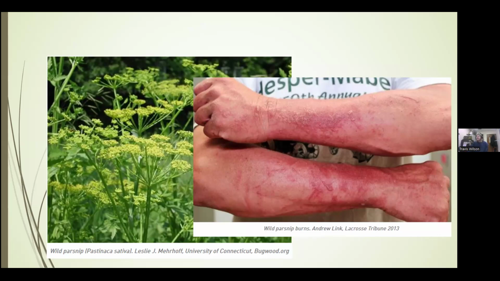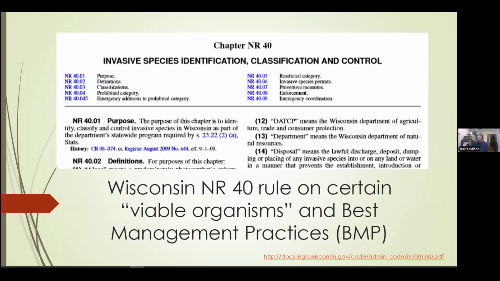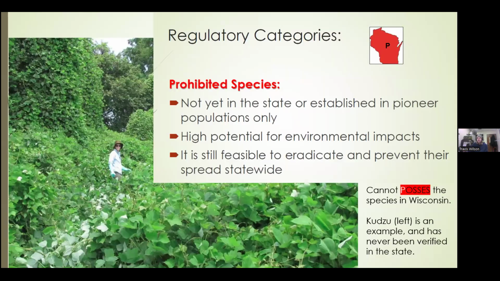Because of these issues, the state has created what's called the NR40 list. This takes all those invasives and puts them in a list so people can check to see whether they should possess them or plant them. The list is broken up into two groups: the prohibited species, which are usually ones that aren't as prevalent, but the state is on high alert for.